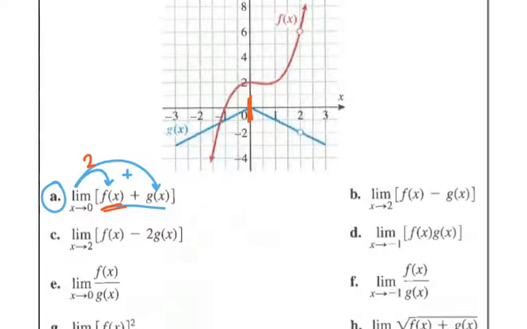As I approach 0 from the left and right on the blue function, both sides I get 0. So the limit overall is 0. Okay, final step. What is 2 plus 0? It's 2. Final answer for A is 2. So notice how we use the limit laws to break it apart, find each individual limit, and then do the final operation at the end.